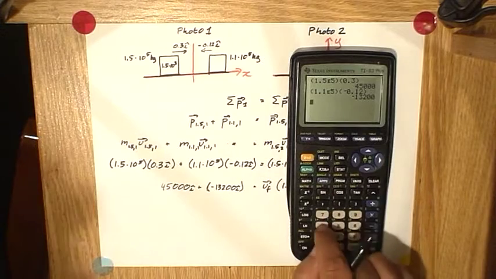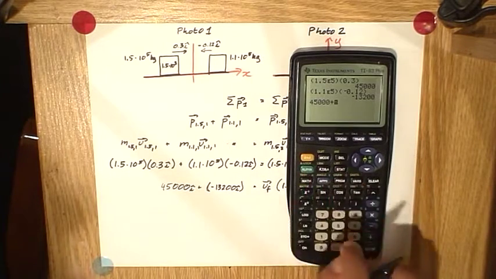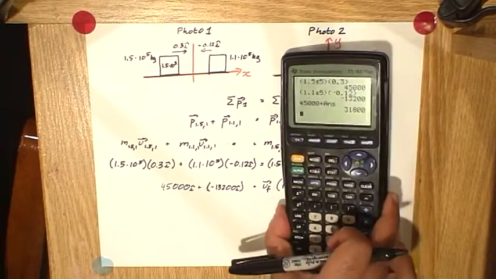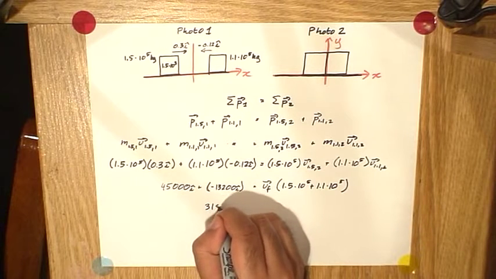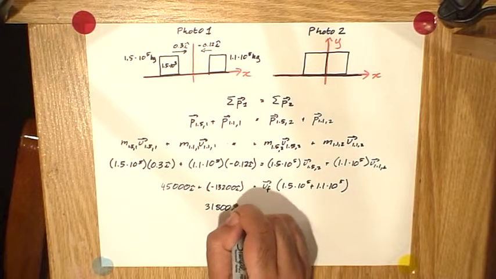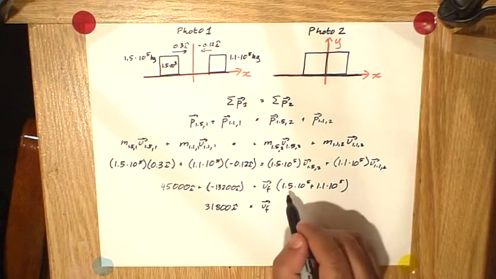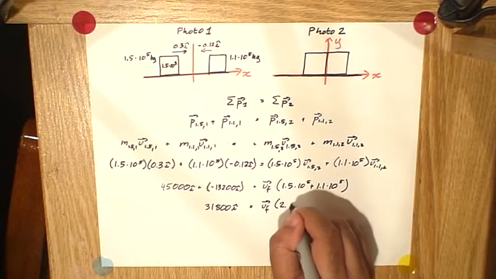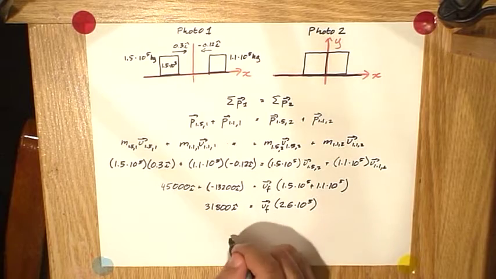Let's continue simplifying. 45,000 plus negative 13,200 gives us 31,800, which is equal to final velocity multiplied by 1.5 plus 1.1, which gives us 2.6 times 10 to the power of 5. So it's just a matter of division.